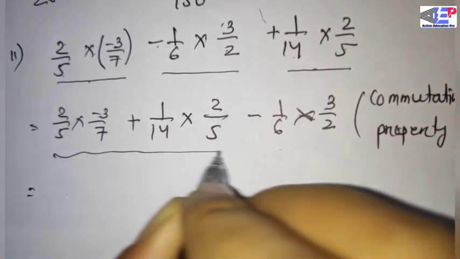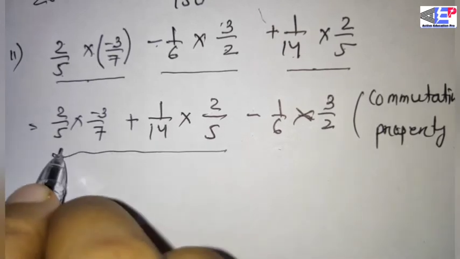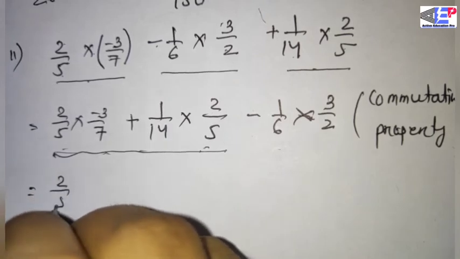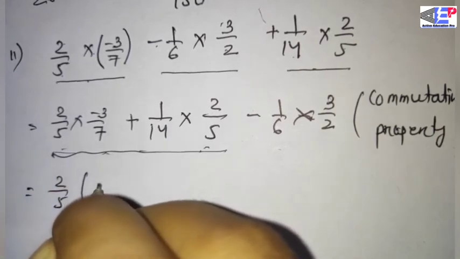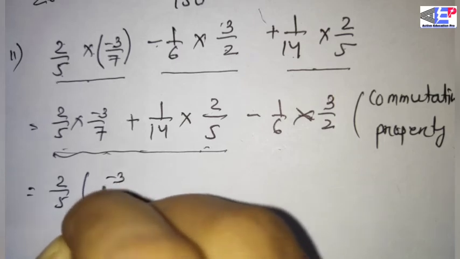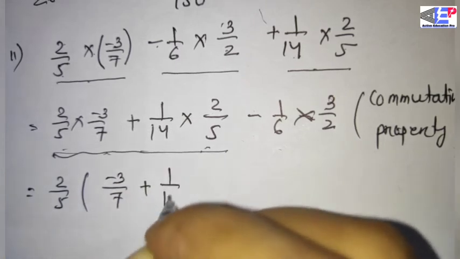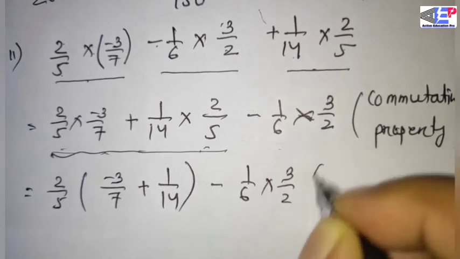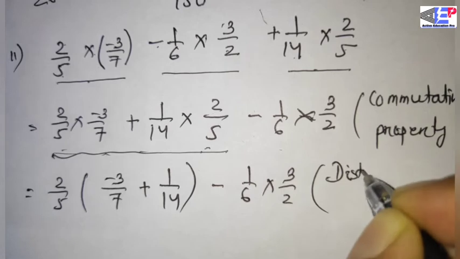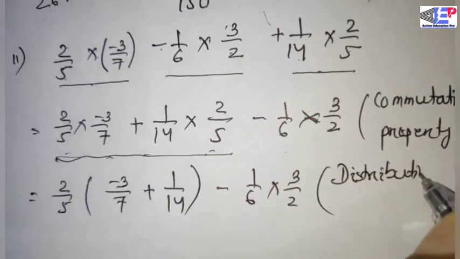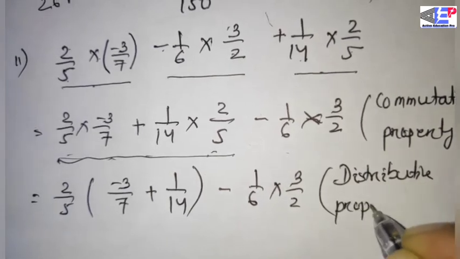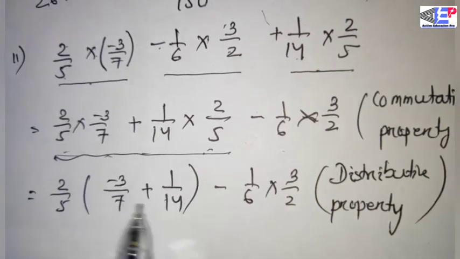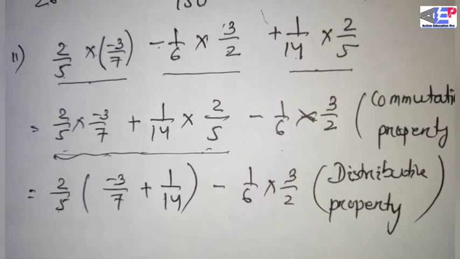From these two terms, the first term and the second term, take 2 by 5 as the common factor, and the remaining factors are minus 3 by 7 plus 1 by 14, minus 1 by 6 into 3 by 2. It follows the distributive property of multiplication over addition, because in this case first we add the numbers and then multiply by 2 by 5.